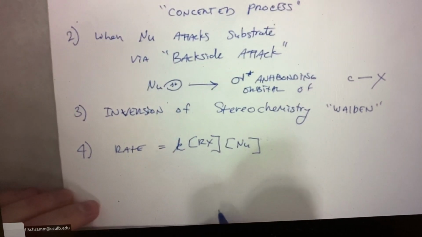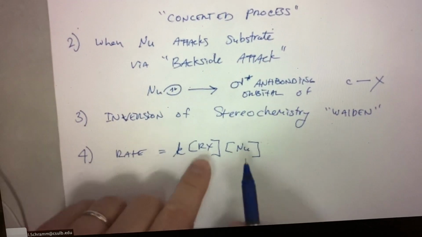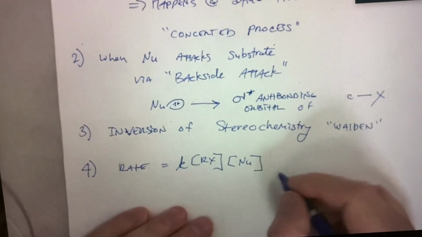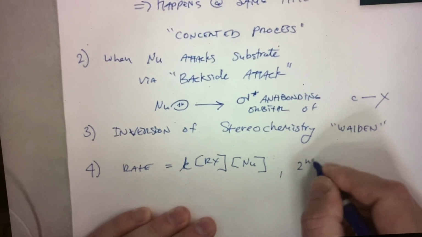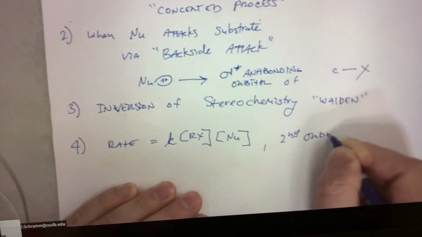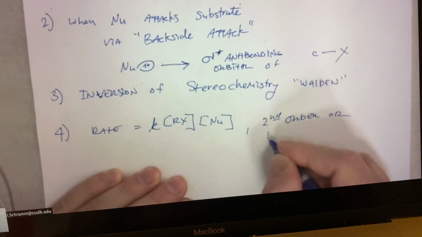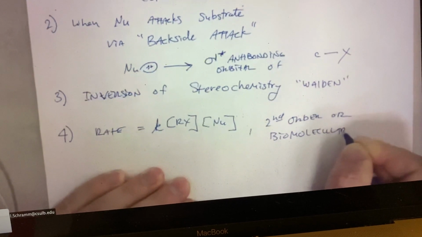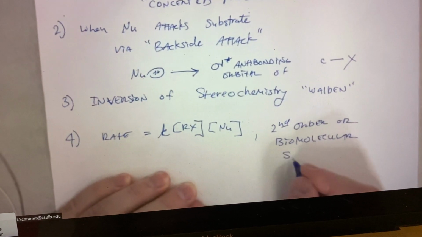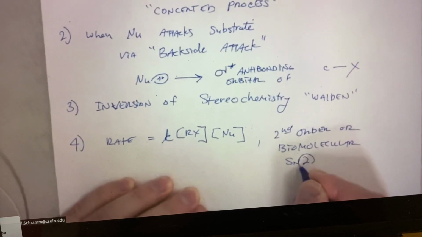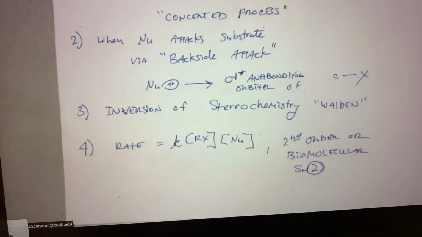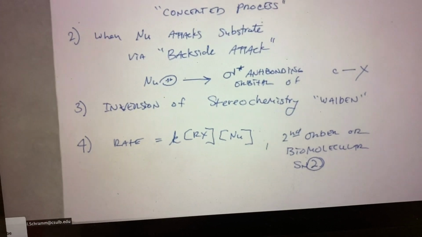This particular reaction's speed is dependent on both the substrate and the nucleophile, and so the reaction is said to be second order or bimolecular, meaning it's dependent on 2 different molecules, and this is where the 2 comes from in SN2, that both the substrate and the nucleophile matter.